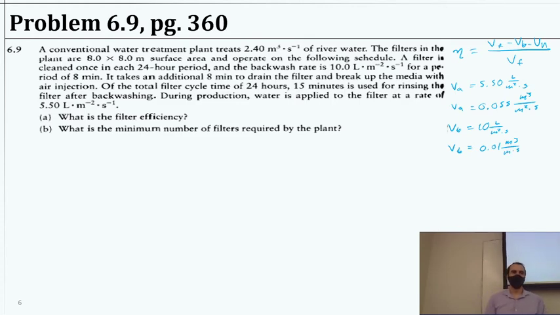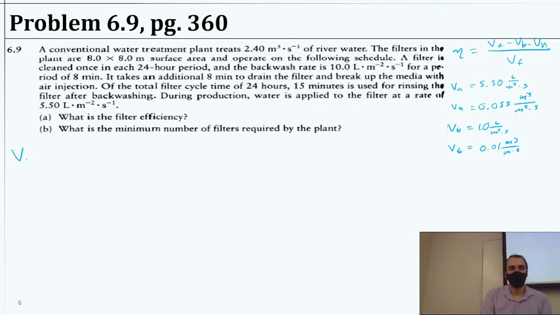And this is just taking 1,000 liters is 1 cubic meter. So we divide each of those by 1,000, we get those. Okay, so that's the first unit conversion there. And by the way, these are lowercase v's here for the loading rates. I know there's a lot of v's here with the volumes. Apologize about that.